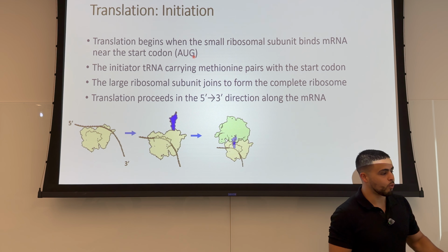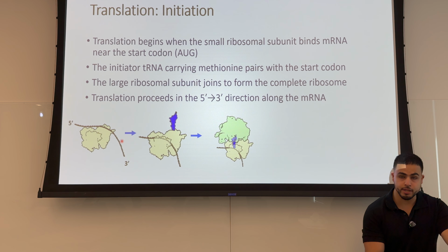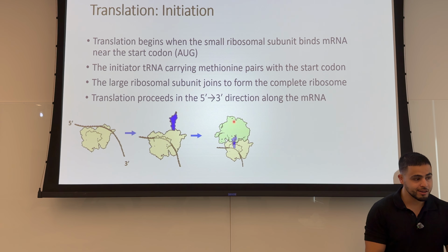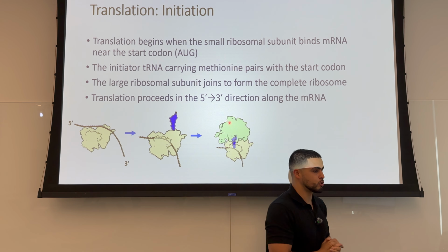What's going to happen is once you have the small subunit bind the messenger RNA strand, then the first tRNA, which is carrying methionine, will join these two components, the messenger RNA and the small subunit. Once these 3 things come together, then and only then will the large subunit join and form the full ribosome.